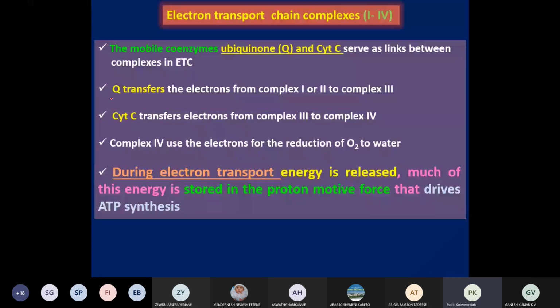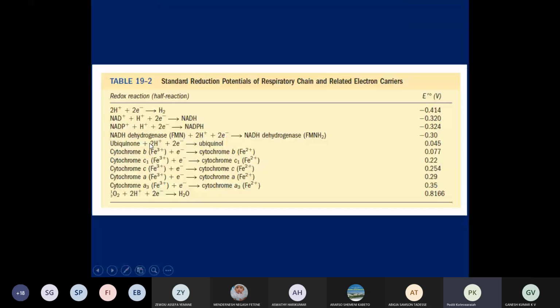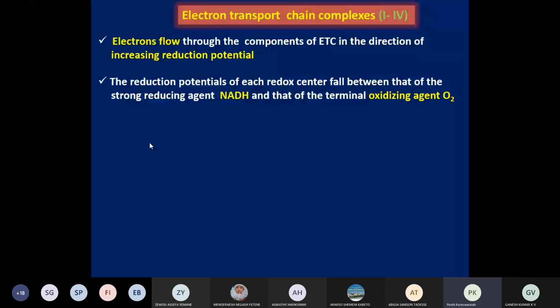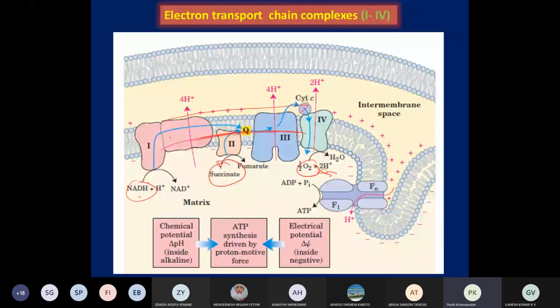One is ubiquinone, the second is cytochrome C. As you can see in this diagram, a little more clearly, in addition to the four complexes, we have two mobile electron carriers: ubiquinone and cytochrome C.